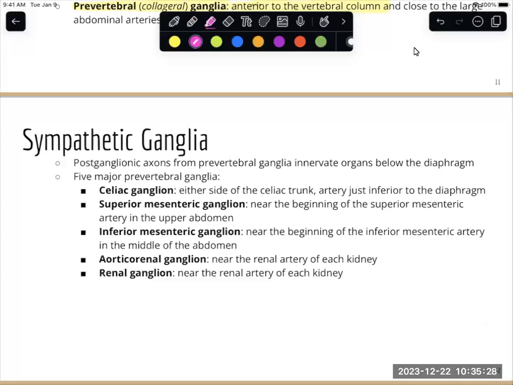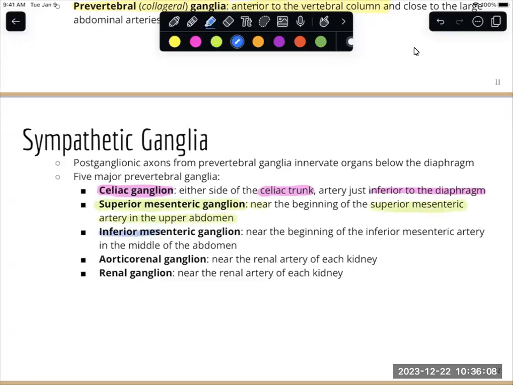Some of them have specific names, like the celiac ganglia. This is by the celiac trunk, which is a blood vessel that comes off of the abdominal aorta. You'll see that in anatomy too, but it sits just below the diaphragm. We have a superior mesenteric ganglia. It is by the superior mesenteric artery in that upper abdomen.